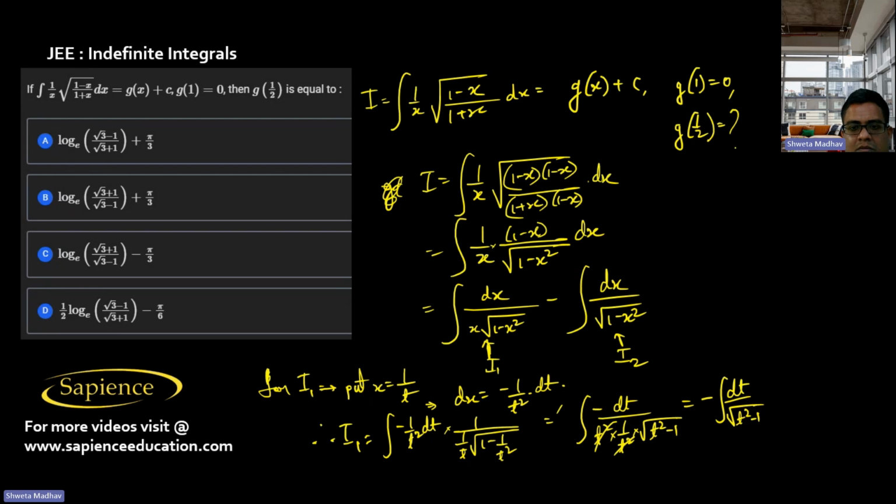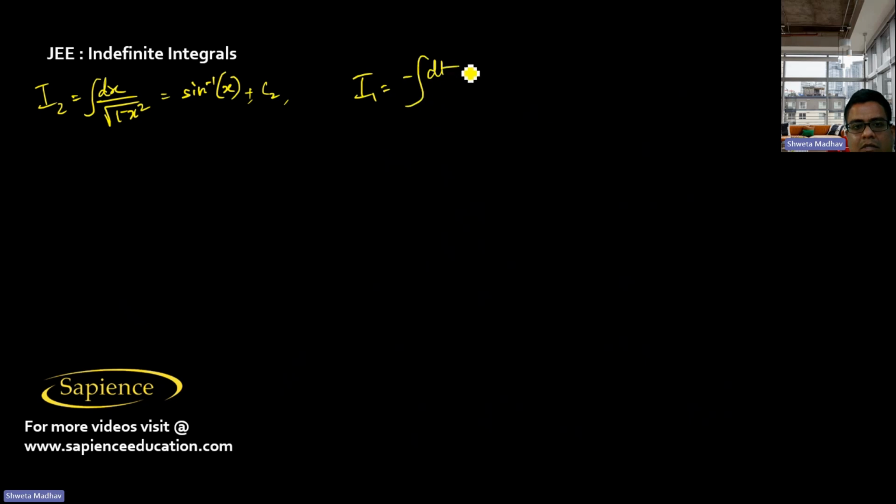So now we know that integral dx by root over 1 minus x square, that is I2, is nothing but sine inverse of x plus c2, suppose. And I1, that is minus integral dt by root over t square minus 1, is equal to minus log base e mod of t plus root over t square minus 1 plus c1.